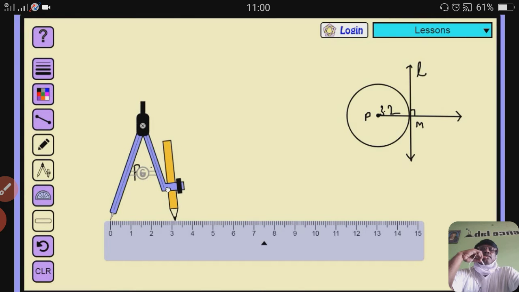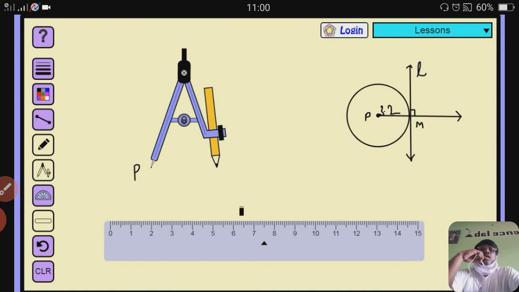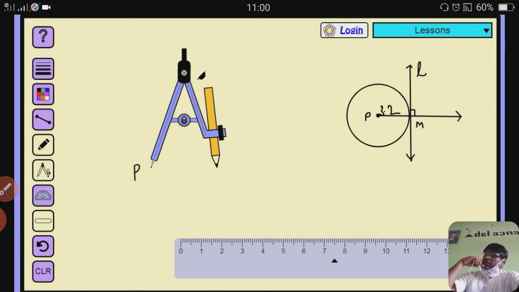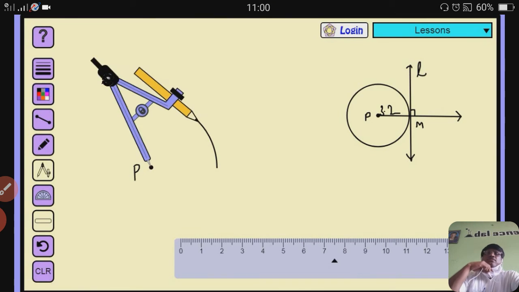Take the compass with steel point and pencil at length 3.2 centimeter, put the steel point on the center, and draw a circle with center P.